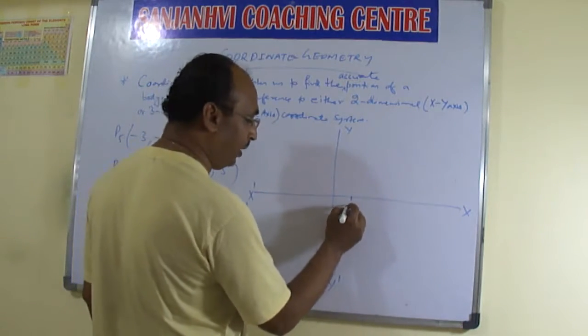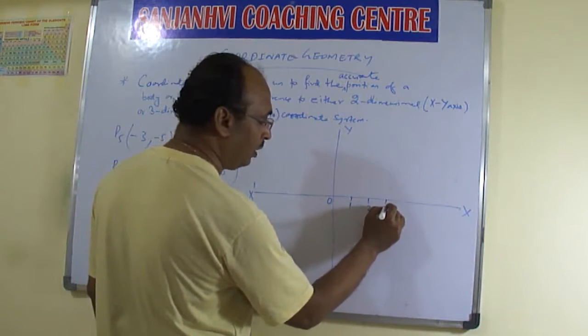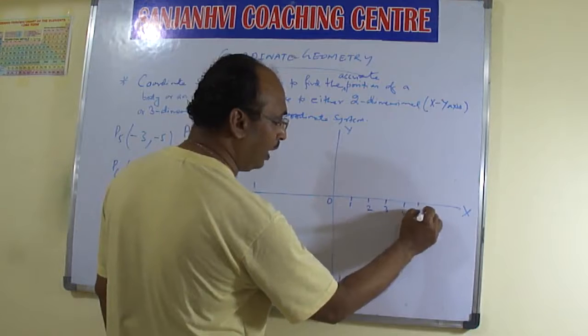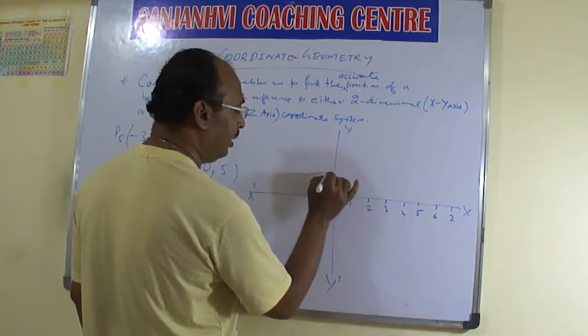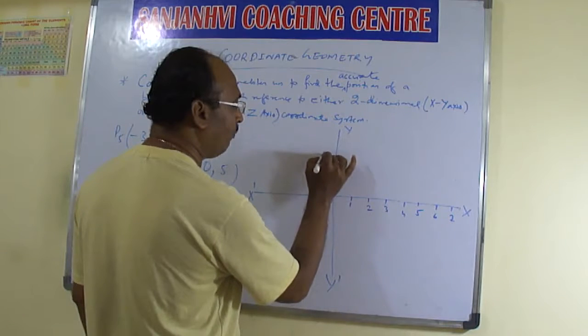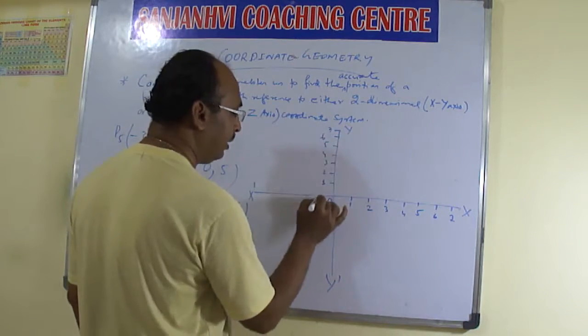Let us refresh. This is the origin. On this side, 1, 2, 3, 4, 5, 6, 7 on the x-axis. This side it will be minus: -1, -2, -3, -4, -5, -6, -7.